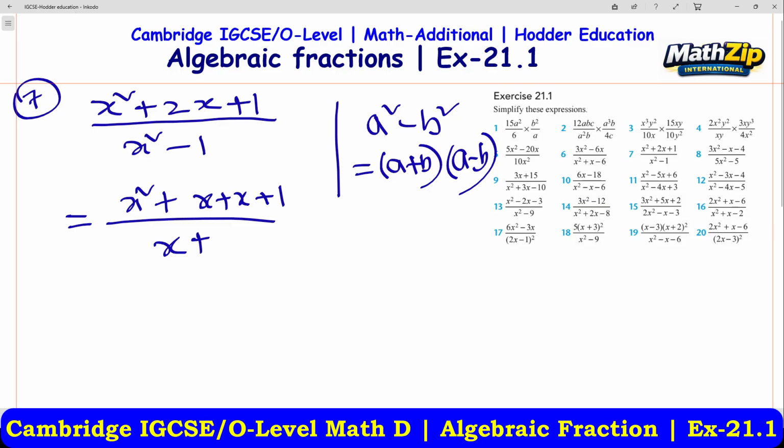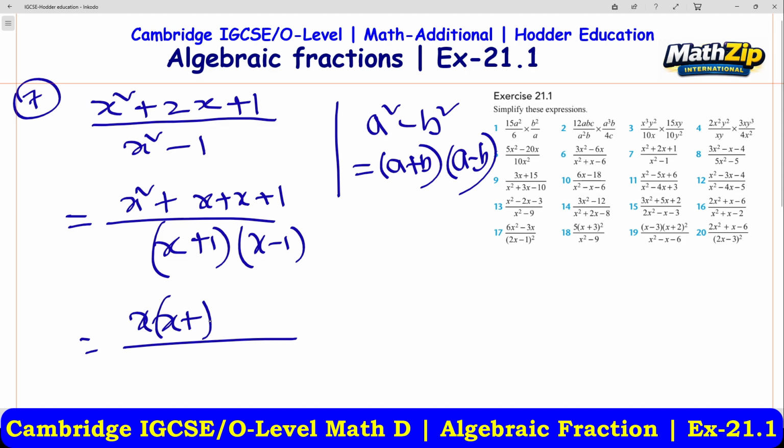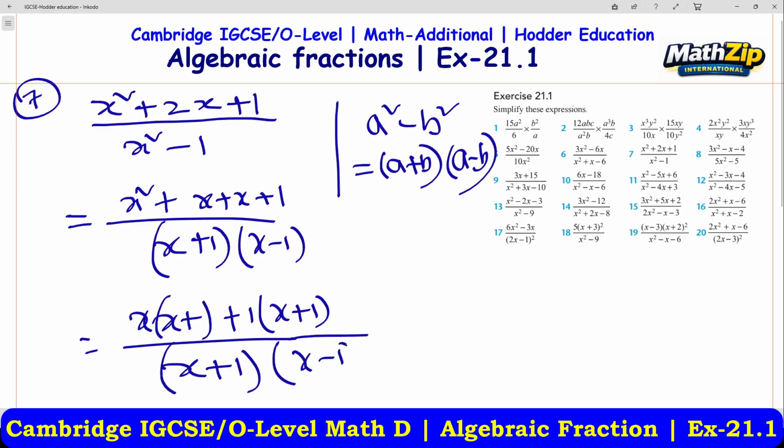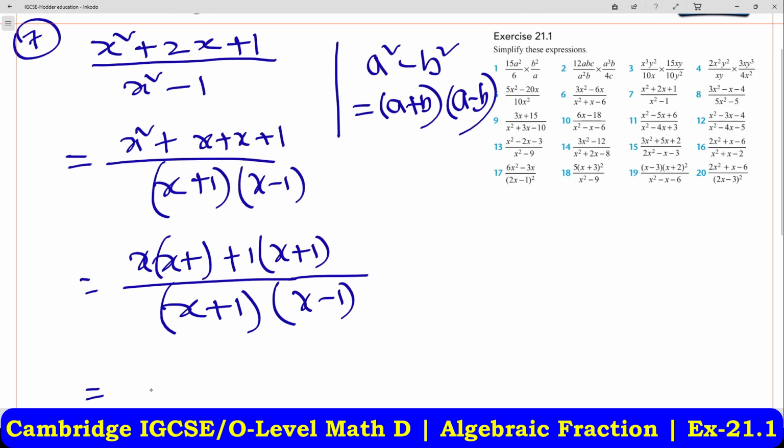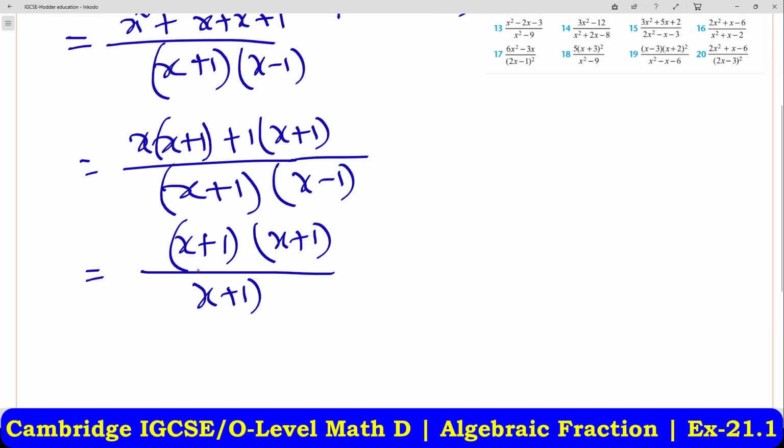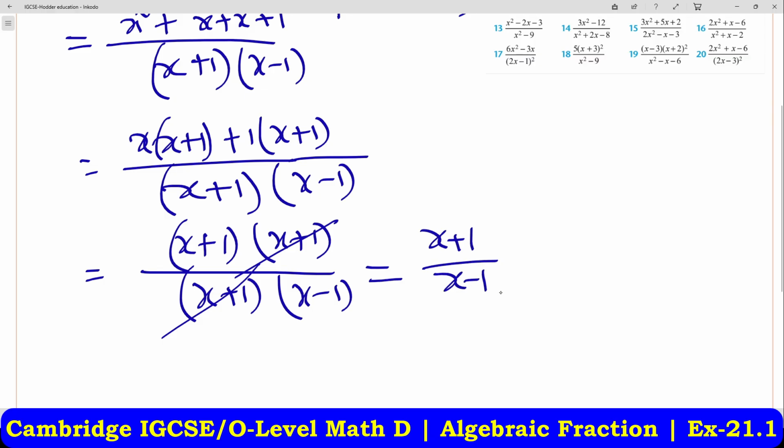So we can write this as (x + 1) times (x − 1), and this one becomes x + 1 once we take common x, and +1 takes common, so here is x + 1 again. Here is x + 1, again x − 1, and finally we get, once we take common x + 1, here is a 1, x + 1, so it will be x + 1 again, and here is a (x + 1) times (x − 1). We can divide this one. Our answer is (x + 1) ÷ (x − 1).